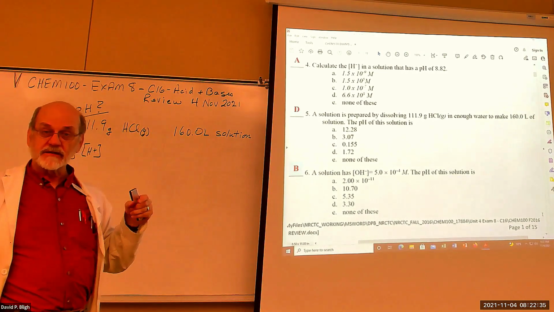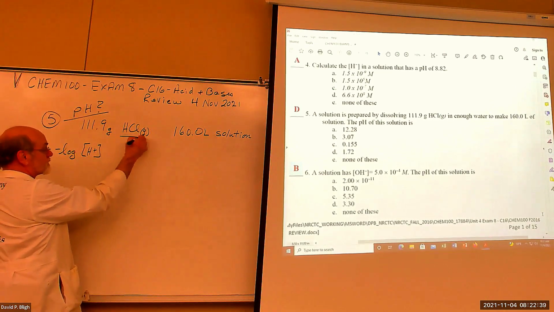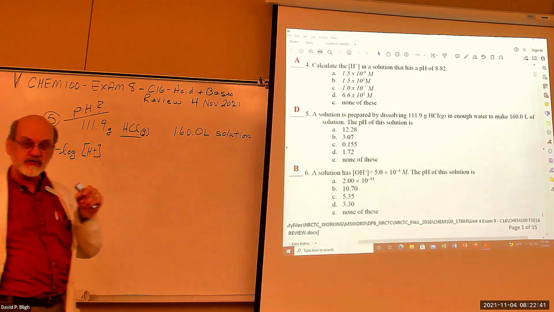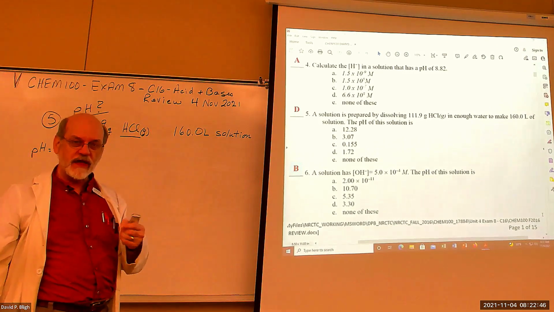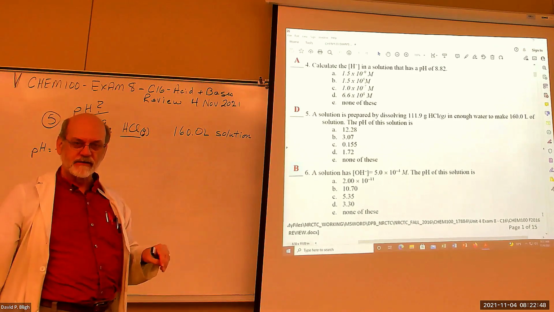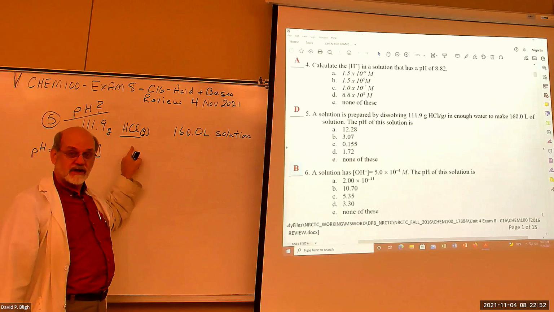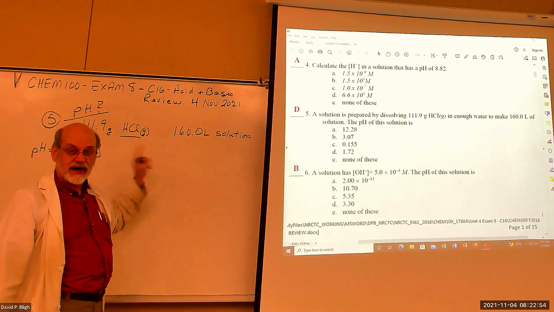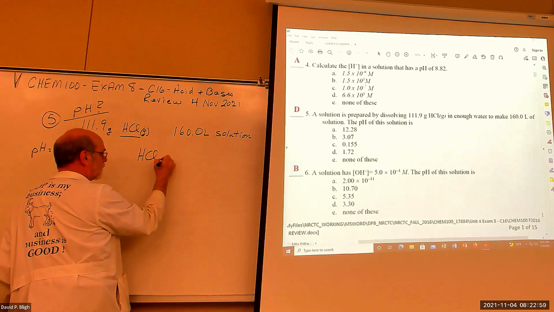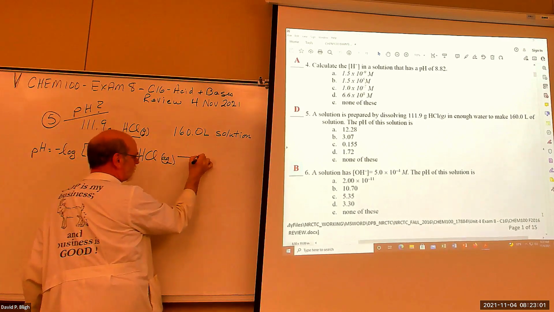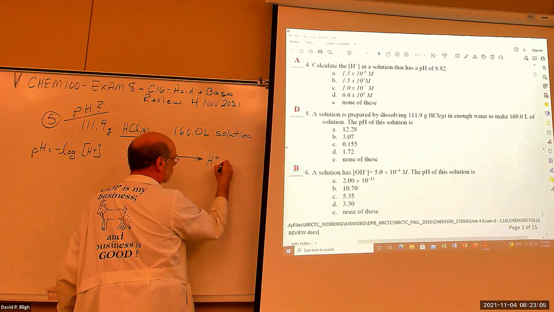And in this case, you also need to recognize that this, in aqueous solution, is a strong acid. And in chemical terms, a strong acid is one that completely dissociates. If you know the concentration of HCl in solution, then you automatically know the hydrogen ion concentration because it goes like this, no return, and produces that.